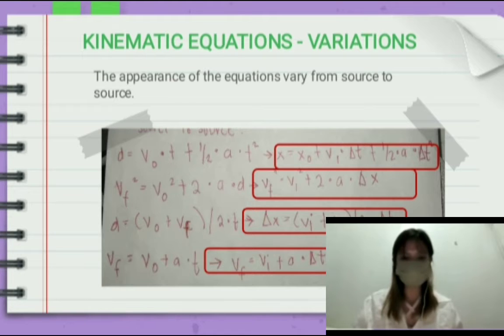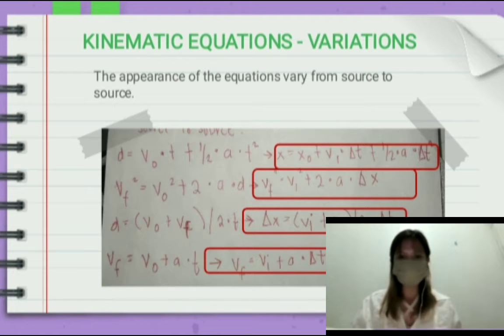A second variation that you might find is, instead of seeing t, you might see some delta t's in there. It still means the same thing, the time over which the motion took place.